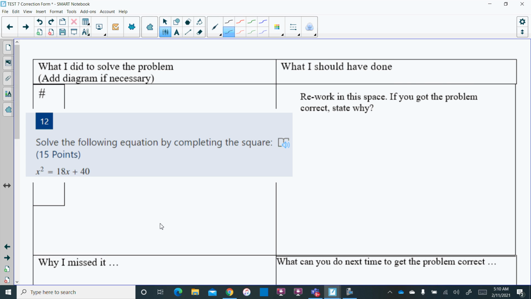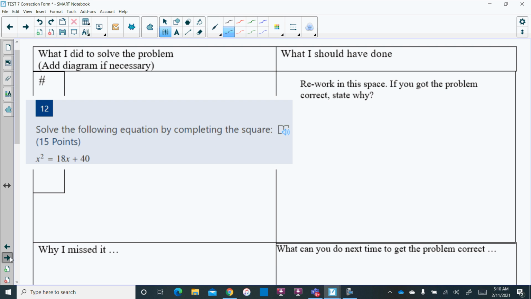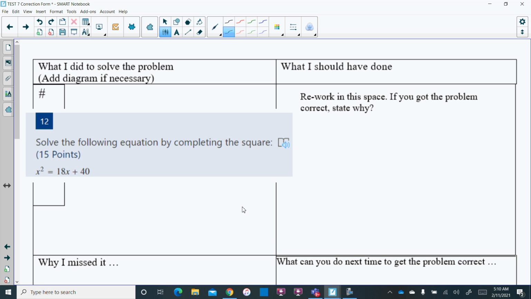And then here we are solving using completing the square, because it says specifically solve by completing the square. So on this problem, because it was not in the right arrangement, because only the constant should be on the right side of the equal sign, we have to start off by moving this 18x to the other side.